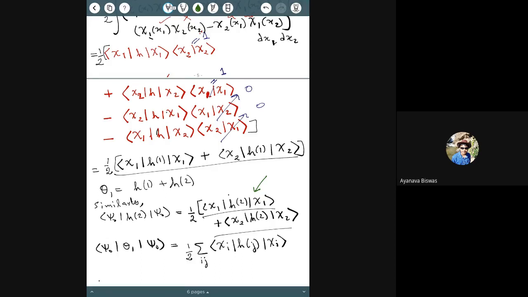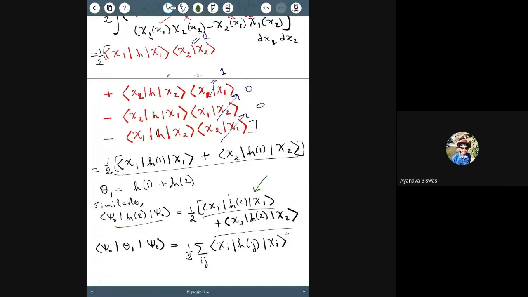So the thing is that here this is a number. So this is a number. This is also a number. Okay. So this just apparently looks like it depends on the coordinate of electron 2. But the electrons are indistinguishable. So that kind of crops up again here.